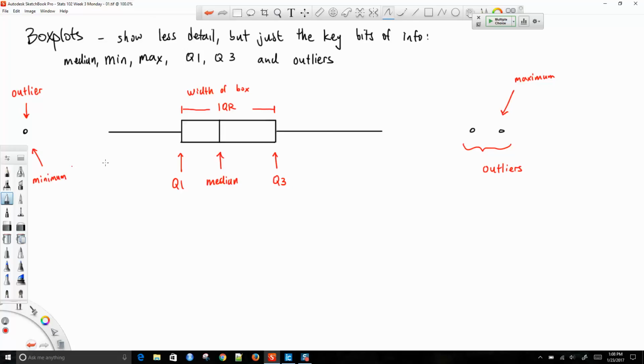So what are these things? These things are called whiskers. This is a whisker, and this goes to the largest point that is not an outlier. And this over here is also a whisker, and this is the smallest point that is not an outlier.